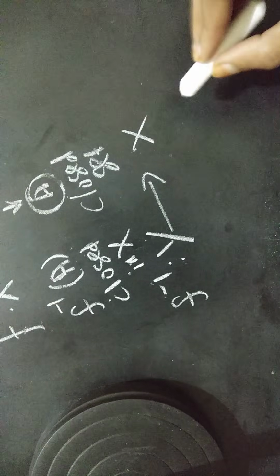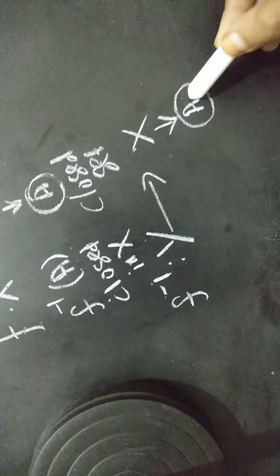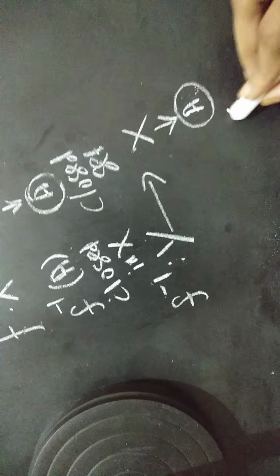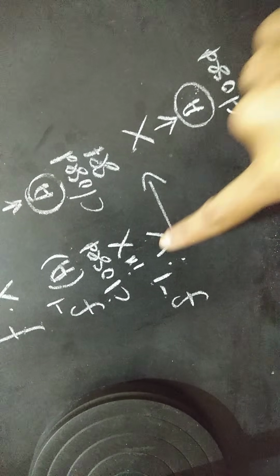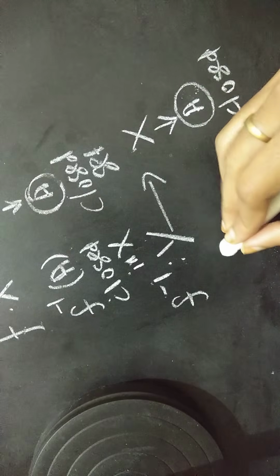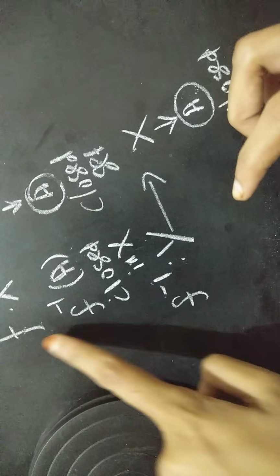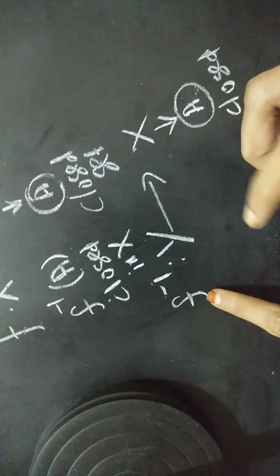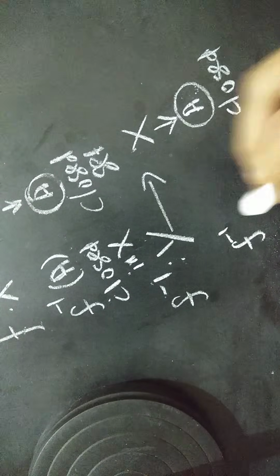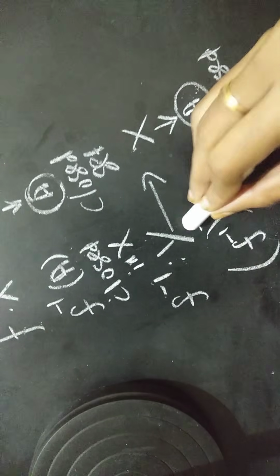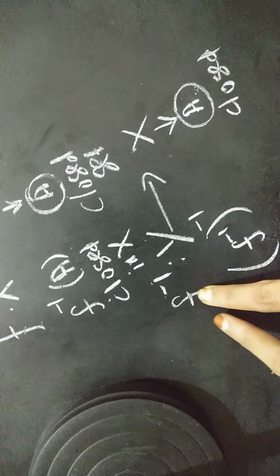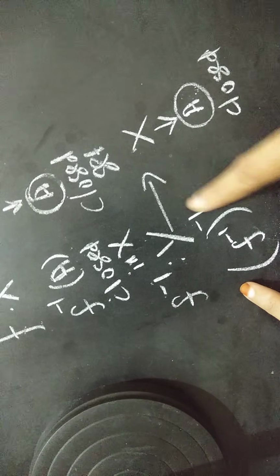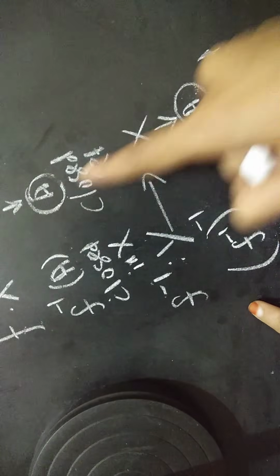So the same procedure I am doing here: I take a closed set A, and the inverse image of this closed set will be closed in X. First you write f, then put the inverse, and then write A, where A is this set.